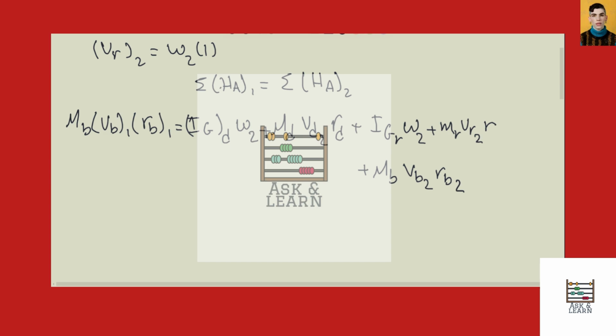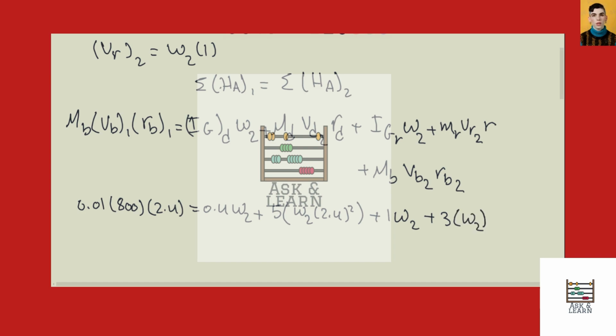If we substitute the numbers, we will get 0.01 times 800 times 2.4 equals 0.4 omega 2 plus 5 omega 2 multiplied by 2.4 squared plus 1 times omega 2 plus 3 multiplied by omega 2 plus 0.01 omega 2 multiplied by root 5.92 squared.